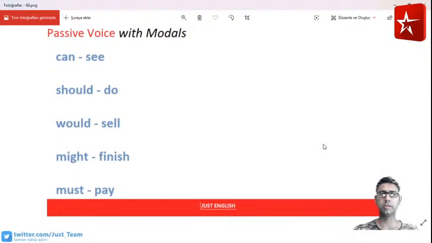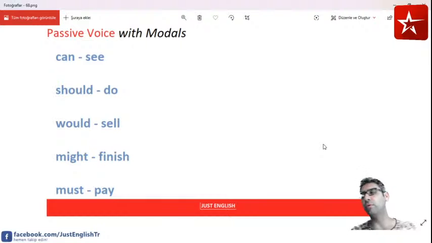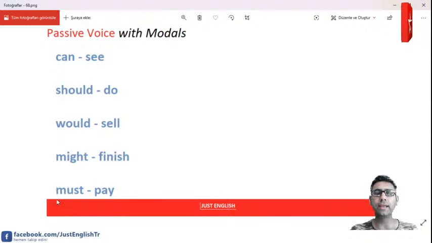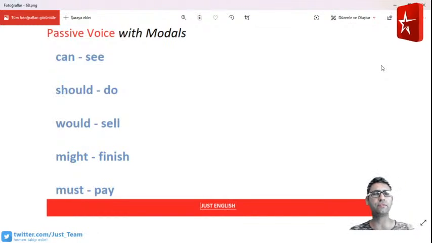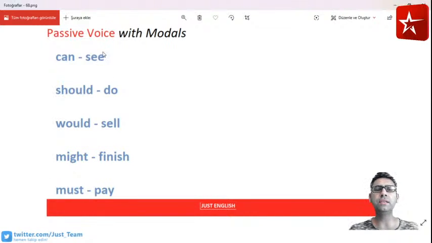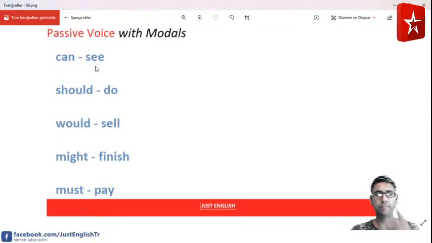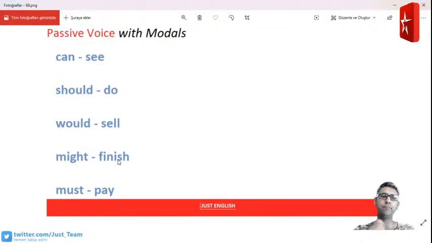All right. More modals, as you can see here, more examples with can, should, would, might, and must. Let's check the examples and then we can finish the lesson. These are the verbs that we are going to use here now: see, do, sell, finish, and pay.